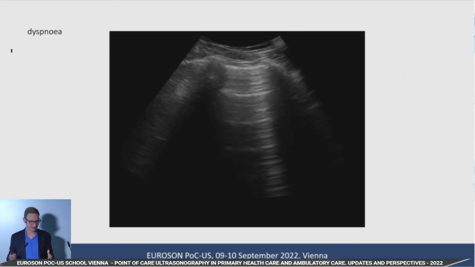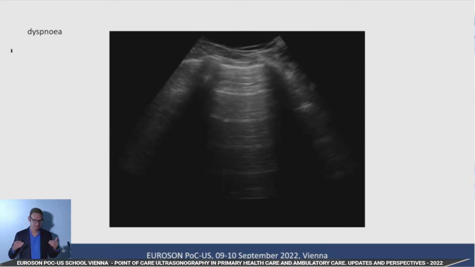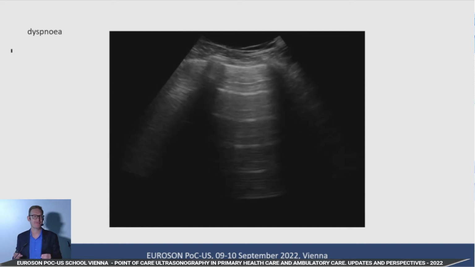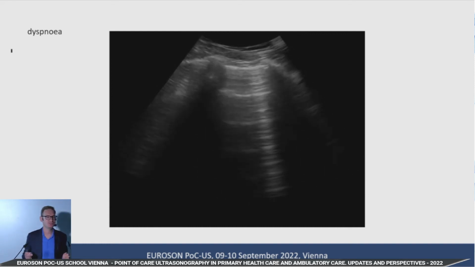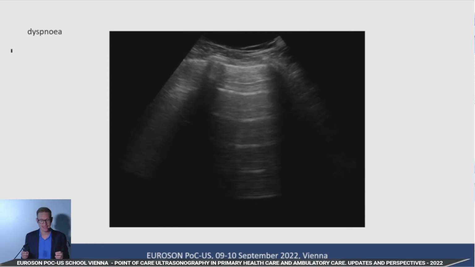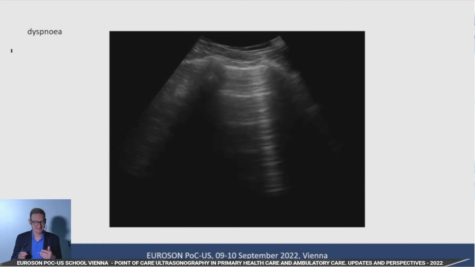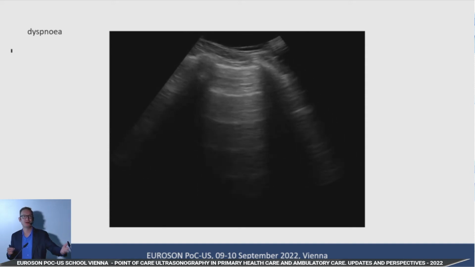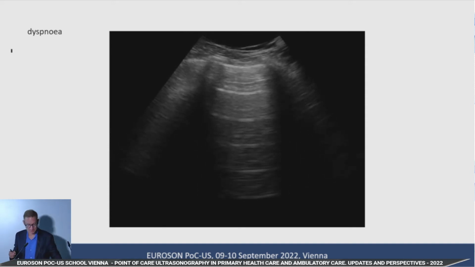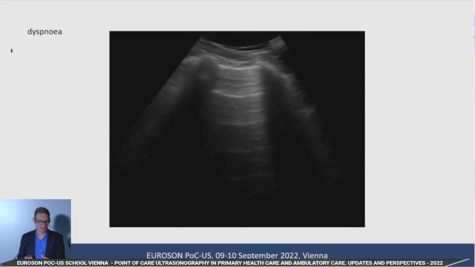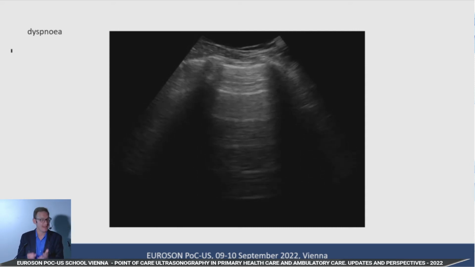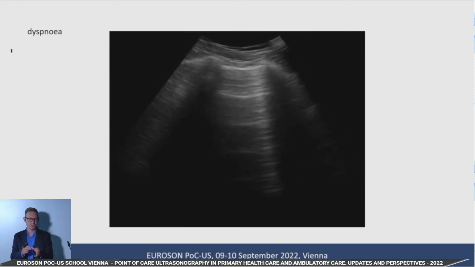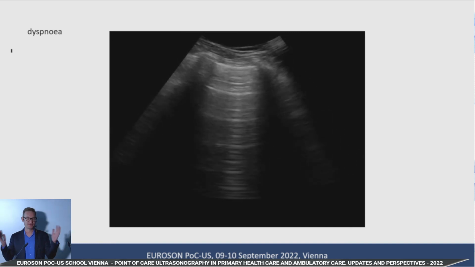This is an image of lung sonography. We can see E-lines, we can see sliding of the pleural line, and we need to be aware that if we see such an image, we need to consider that this is the proper image, but this patient might have dyspnea due to asthma, due to chronic obstructive pulmonary disease, and also other situations like pulmonary embolism, which does not change this image on the periphery of the lung.